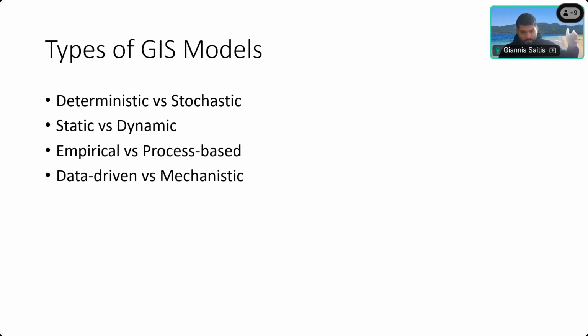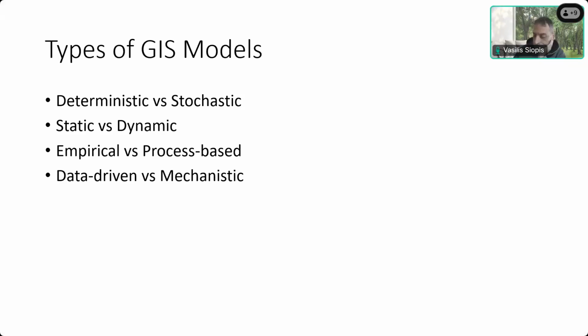Still some assumptions, but the output will be the same. Rather than the stochastic, where these kinds of models, depending on their execution, will provide you a slightly different result, or maybe even high differences in the result.